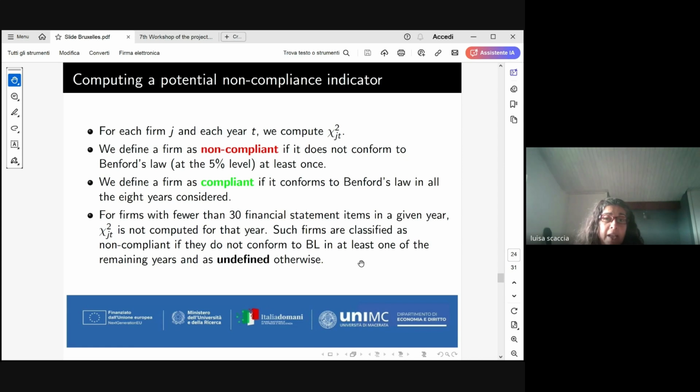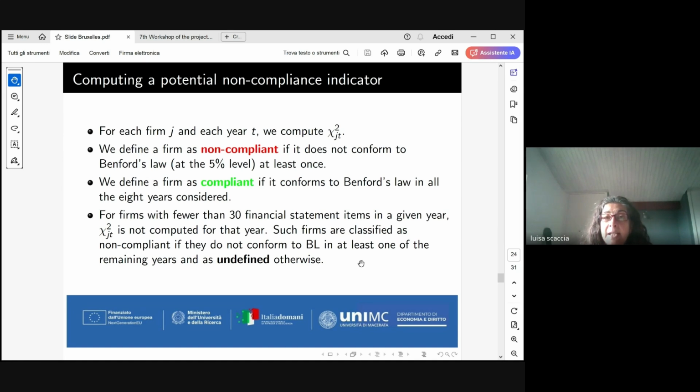For each firm and each year, we computed the chi-square statistic. We define a firm as non-compliant if the firm does not conform to Benford law in at least one of the years considered. On the other hand, we consider a firm as compliant if it conforms to Benford law in all the 8 years considered.